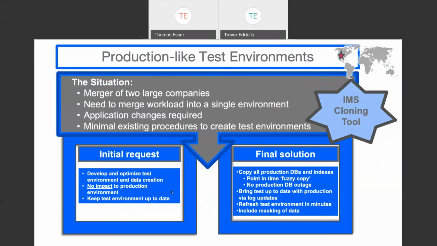The other requirement, to bring the test data up to date with production via log updates, was also covered. And the other thing, which I also mentioned earlier, is we included the masking of the data because of security issues. Again, that was the IMS cloning tool we used for this example.